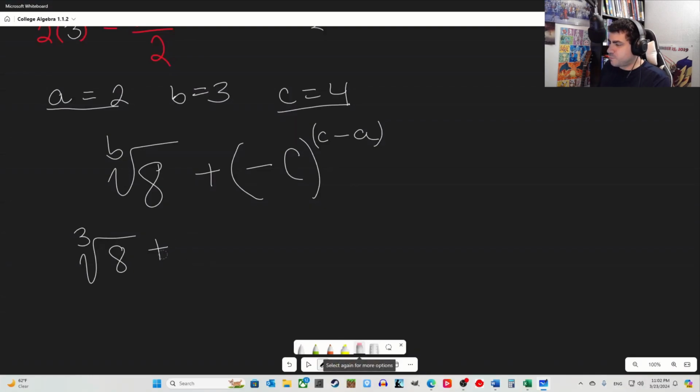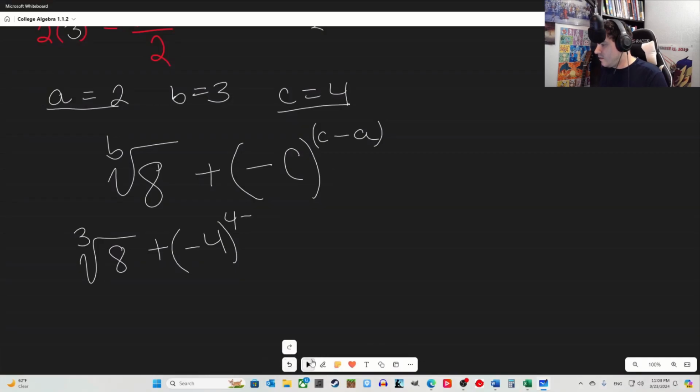So we're going to keep parentheses here, negative 4, and now raised to the power of C minus A. We have C equals 4 minus A equals 2. Look at me writing A instead. A equals 2. Follow?